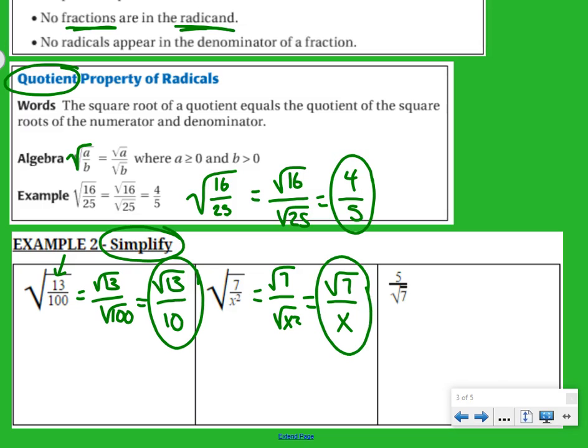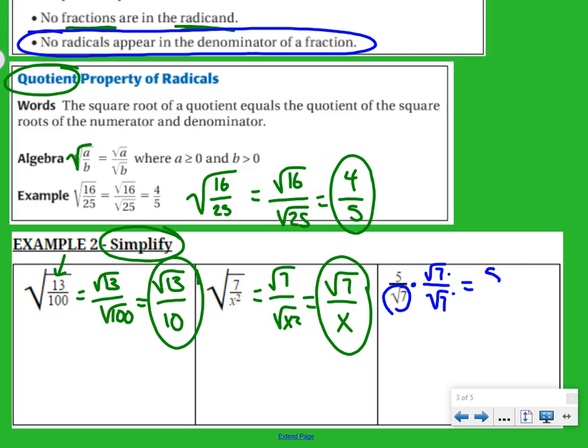Last one, we have 5 over the square root of 7. Now this goes with this last rule. No radicals appear in the denominator of a fraction. We cannot leave that radical there. So how we get that out is to multiply by a fraction of the denominator over the denominator. We just take the square root that's in the denominator and multiply it by that fraction.